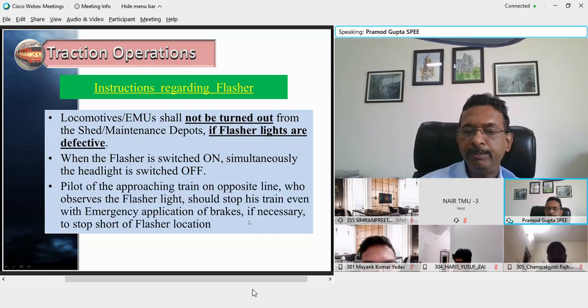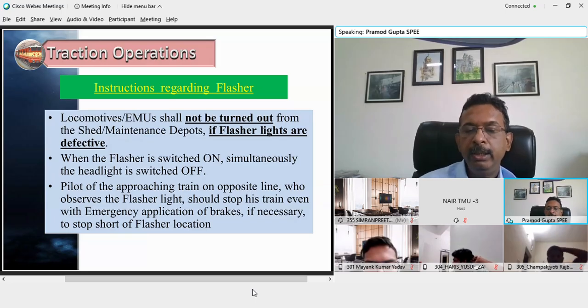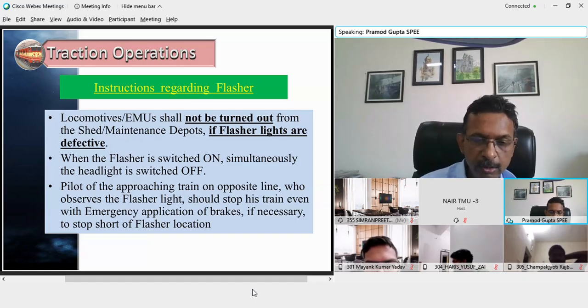And the pilot of the approaching train, when he observes the flasher light, should immediately stop his train either using the normal brake or by using the emergency application of brake in case the distance is less. And he should stop short of the flasher location, means he should stop his train without crossing the location of this flasher light.